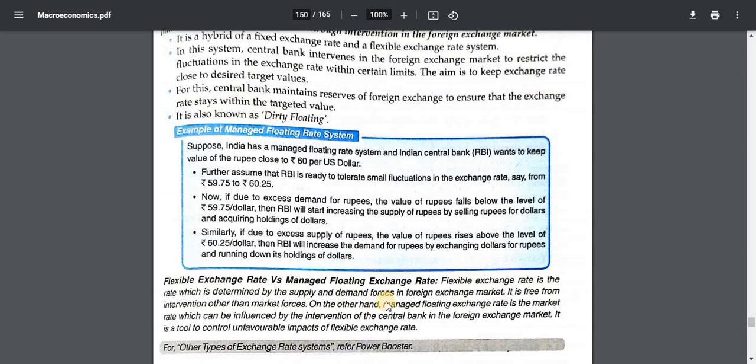On the other hand, the managed floating exchange rate is the market rate which can be influenced by the intervention of the central bank in the foreign exchange market. It is a tool to control unfavorable impacts of the flexible exchange rate. For other types of exchange rate systems, refer to Power Boosters.